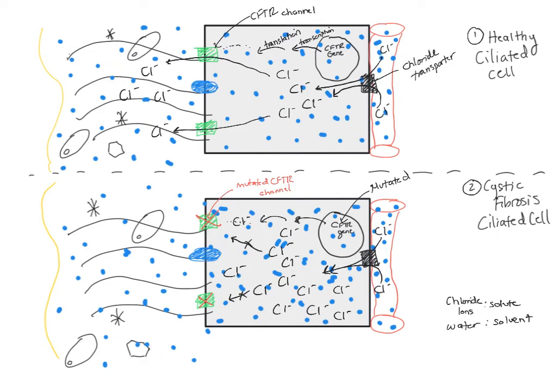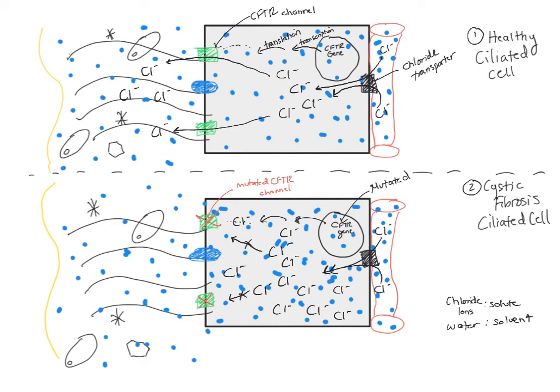What we're starting to see here is that there is going to be an imbalance of chloride inside the cell versus outside the cell in the mucus, because look, no chloride has entered the mucus right here. Since chloride can't make its way out, you're going to get an imbalance in solute.